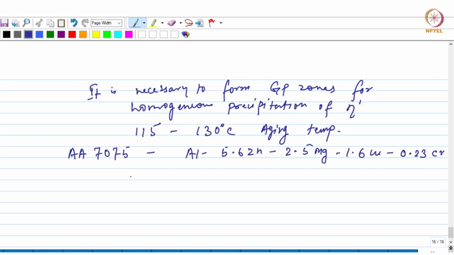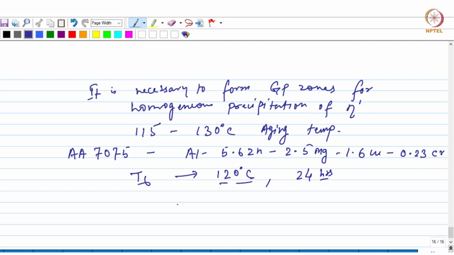It is used in T6 temper, and the T6 aging temperature for this is 120 degrees Celsius. The aging time is 24 hours. So if you age it at 120 degrees Celsius for 24 hours, you will get the peak hardness.